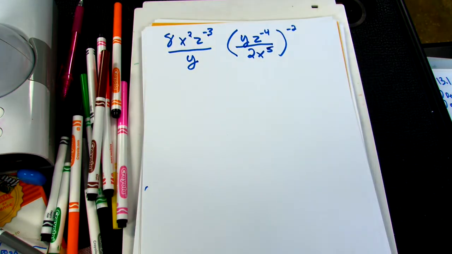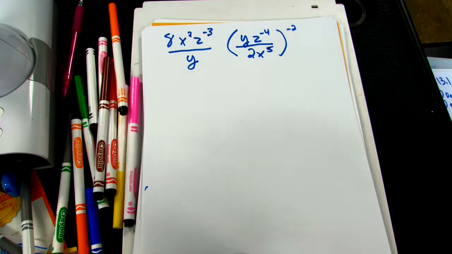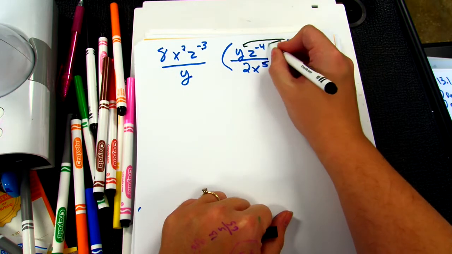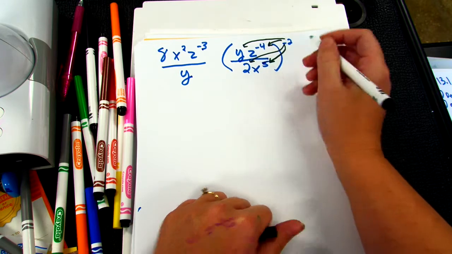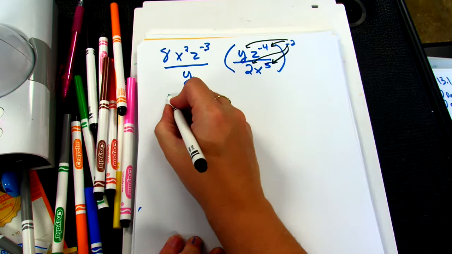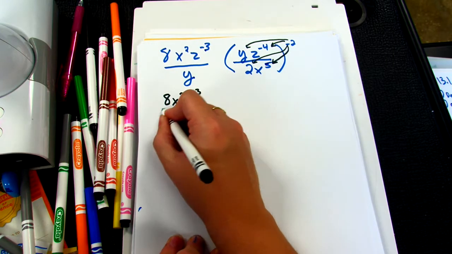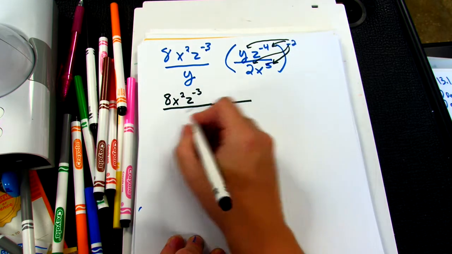All right, so first things first, distribute the negative 2. So it's going to be distributed everywhere, to the y, to the z, to the 2, and to the x. Okay? So this, we're just going to keep the way it is for right now. But I'm going to go ahead and draw one big fraction line.